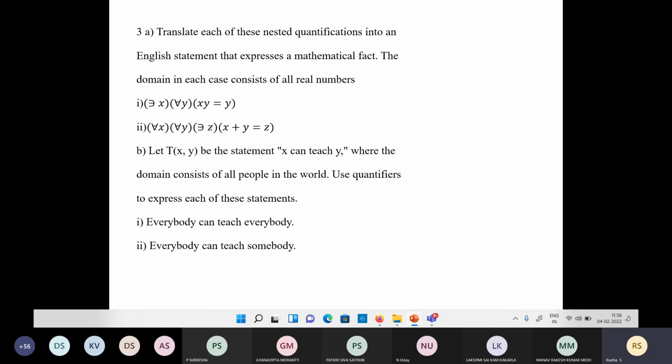You need not say y there. It's up to you, but the way you are saying it should be correct. Okay, second sentence.